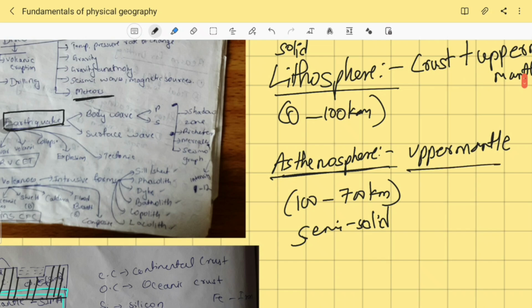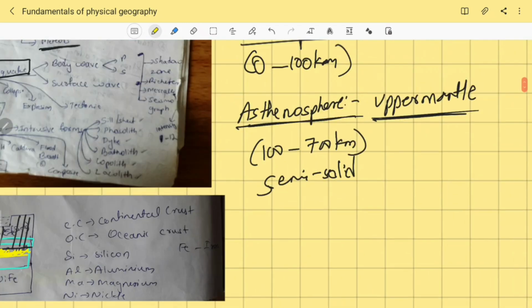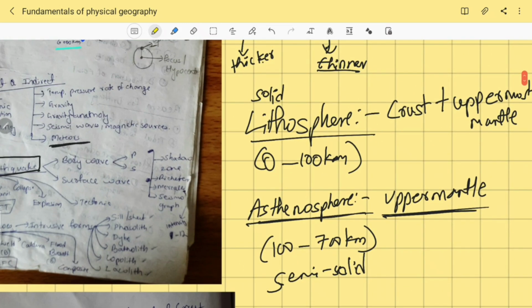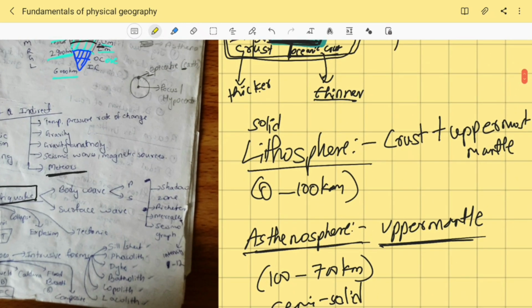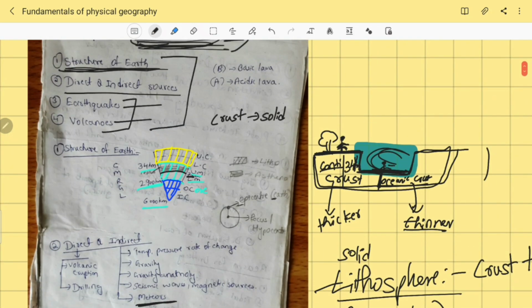See, this is the upper mantle. Let me change the color. This is the upper mantle portion, so we can say this is the asthenosphere, the one in the yellow. Now I think we are clear with lithosphere, asthenosphere, and till what the crust extends.